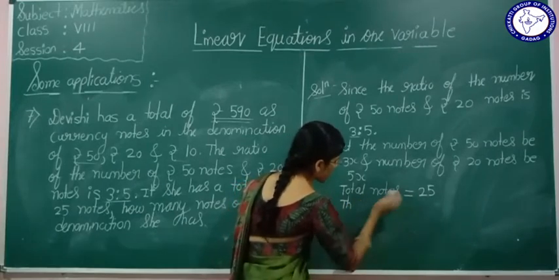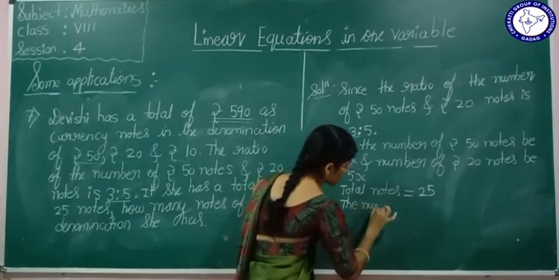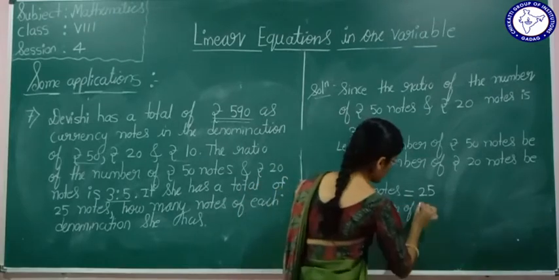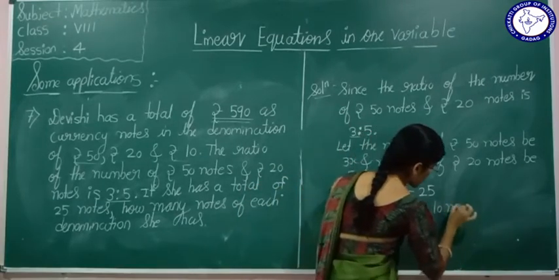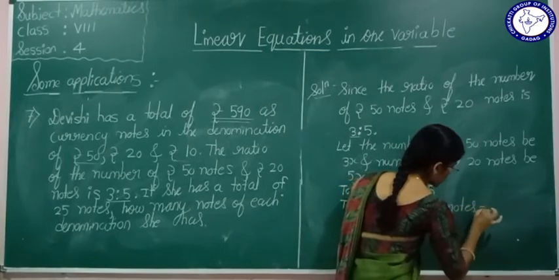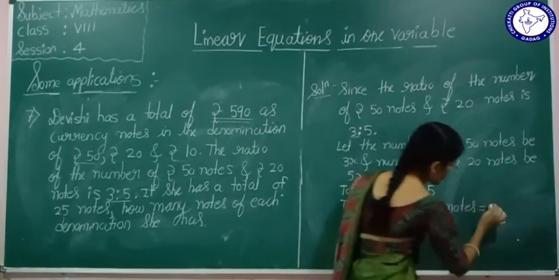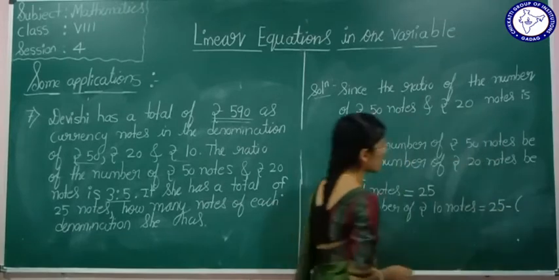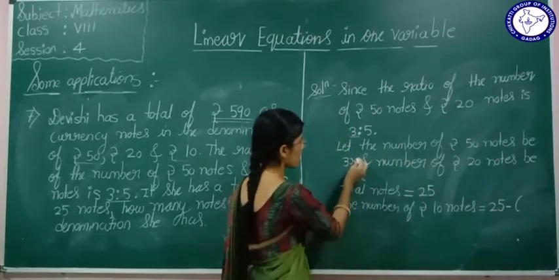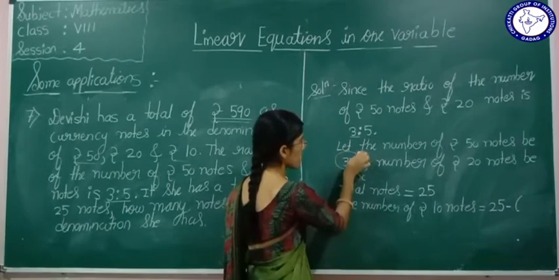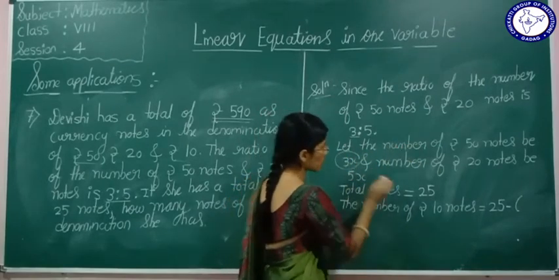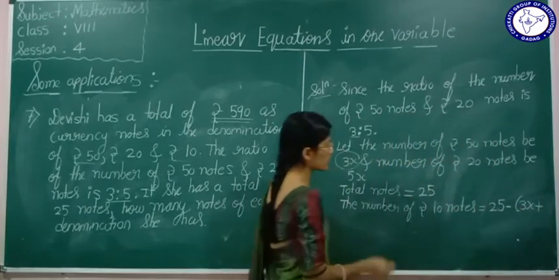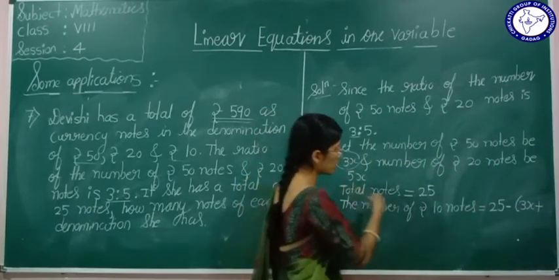Total notes is 25. The number of rupees 10 notes will be: she has total notes of 25 minus, and here the number of 50 rupee notes is 3x plus the 20 rupee notes is 5x.